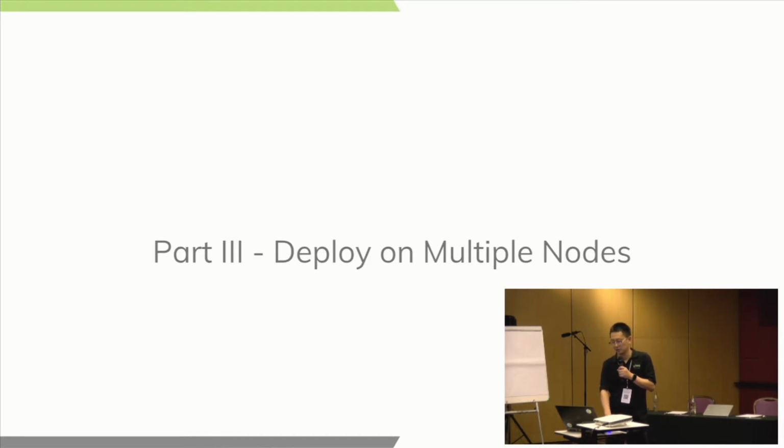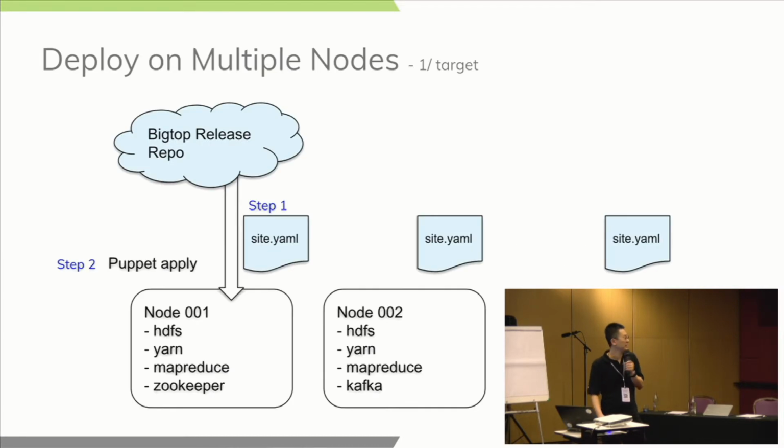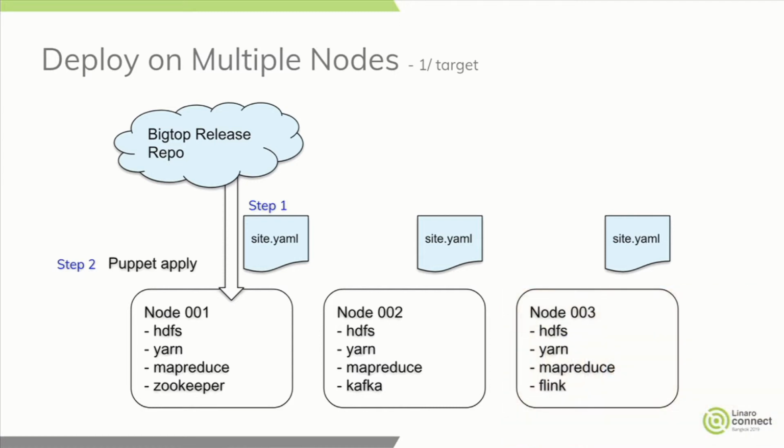Now I'll explain how to deploy on multiple nodes, physical machines. Here is an example with simple steps. First, you need to prepare a site YAML file for each of your physical machines.